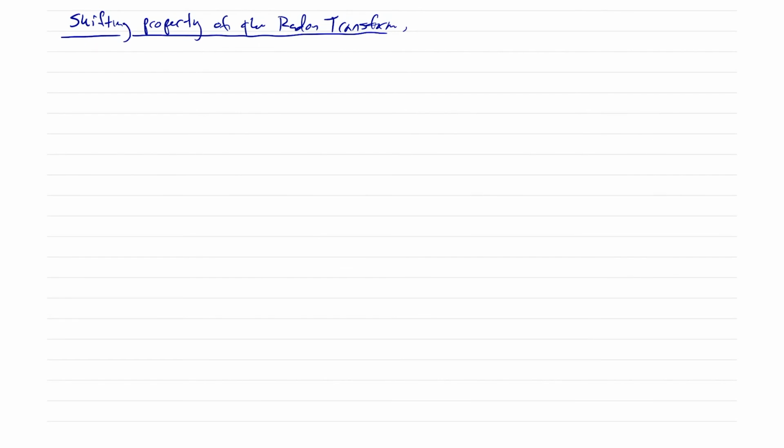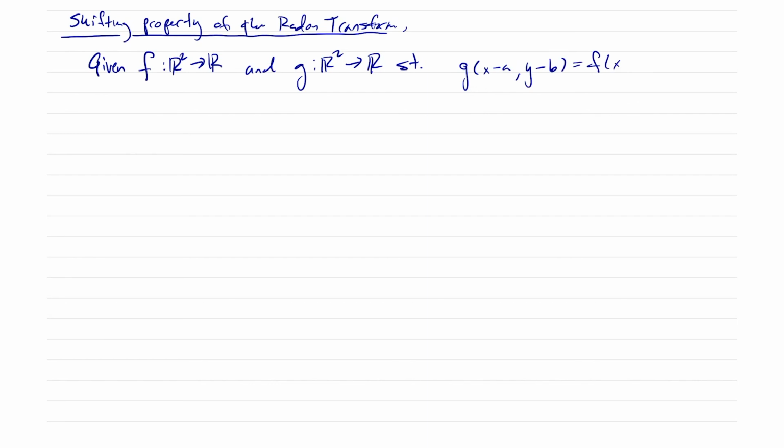Okay, so now let's talk about the shifting property of the Radon transform. Here we're going to be talking about a function. We'll start with, say, given f from R2 to R, just like we had before, and a g also from R2 to R, such that g of x minus a comma y minus b is equal to f of x, y.